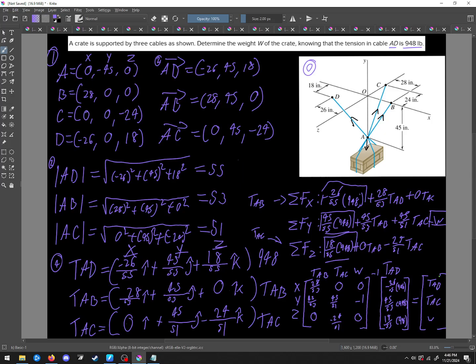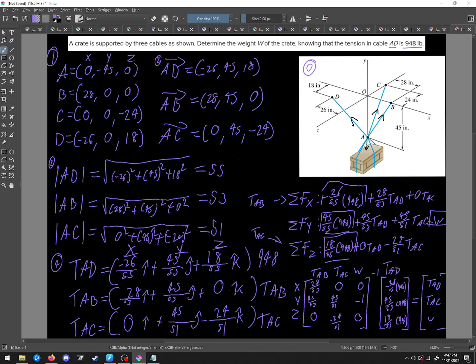Well, let's plug it into the sum of the forces in the y, because this is a little bit weird to me. So W is going to be equal to all of this, and knowing that we just got TAB and TAC, let's do 45 over 55 times 948 plus 45 over 53 times TAB, which we just got as a negative. Which it shouldn't be that either.